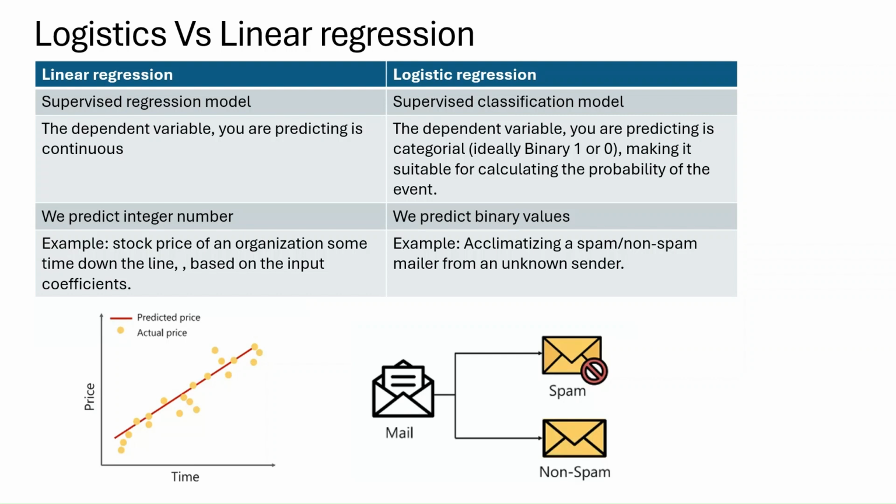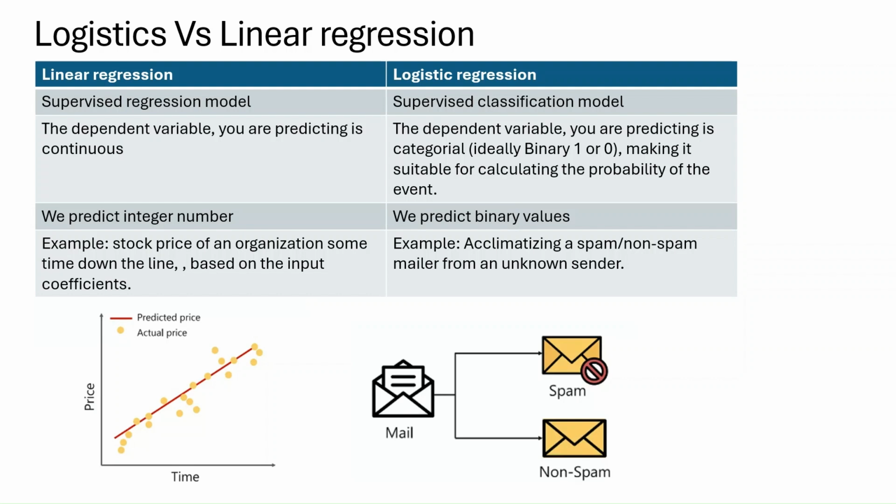In linear regression, the dependent variable you are predicting is continuous. In logistic regression, the dependent variable you are predicting is categorical, either 1 or 0. Like the previous example where I showed you whether the student can pass or fail, that is 1 or 0, making it suitable for calculating the probability of any event.